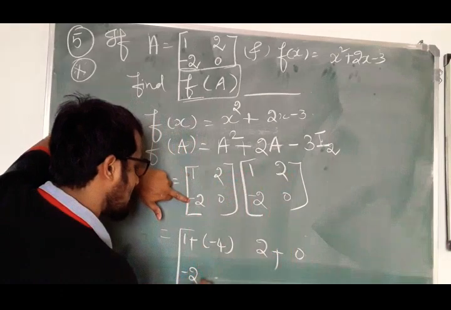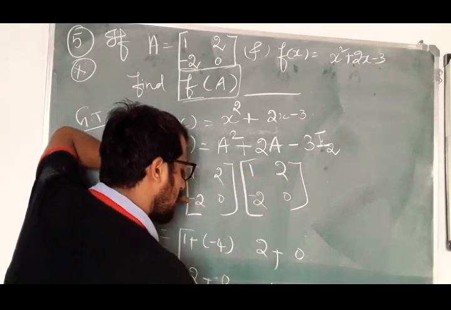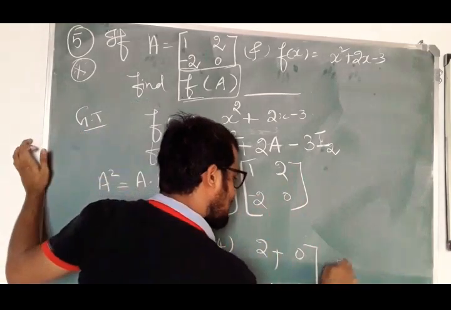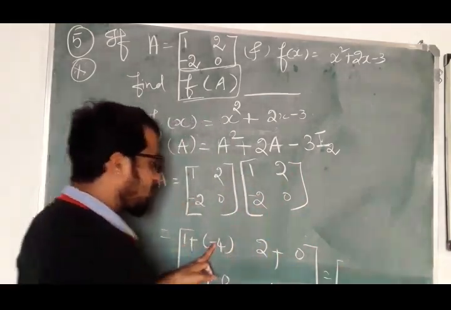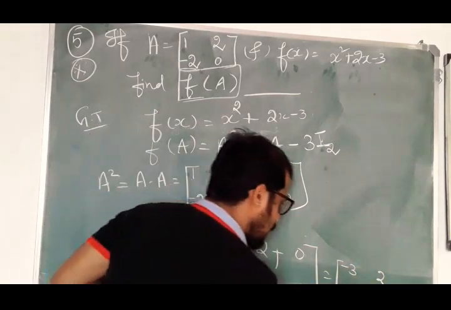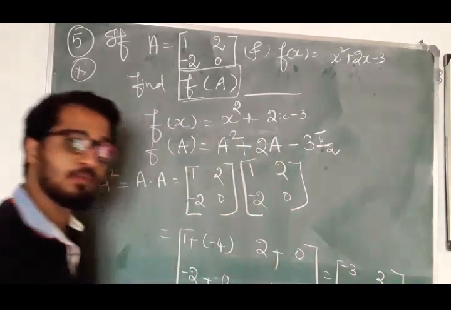Minus 2 into 1, minus 2, plus 0 into minus 2, 0. Minus 2 into 2, minus 4, plus 0 into 0, 0. What is A square value? 1 minus 4, minus 3; 2; minus 2; minus 4. This is nothing but A square value.